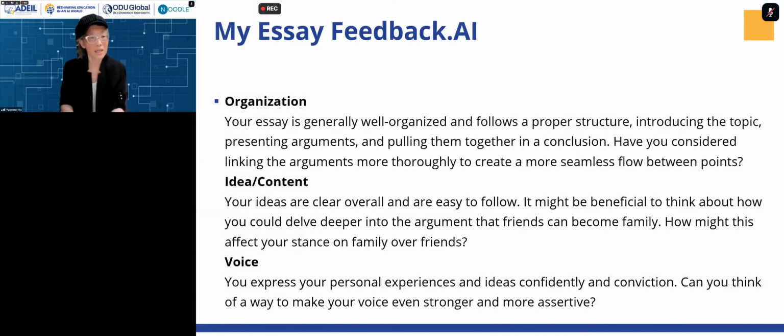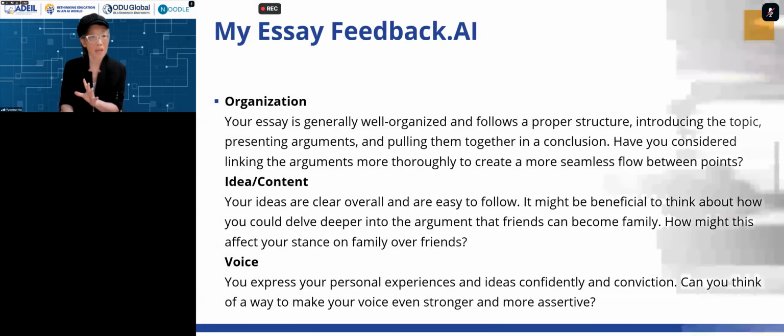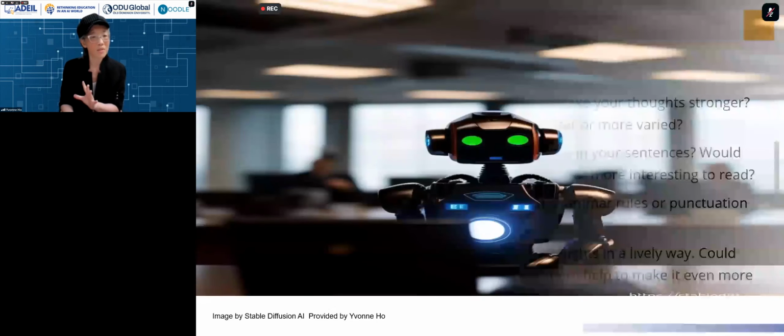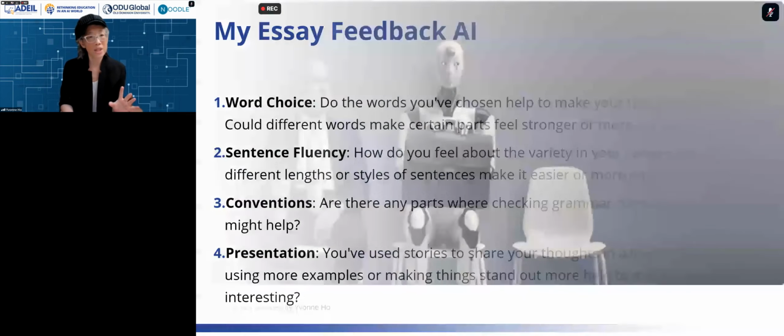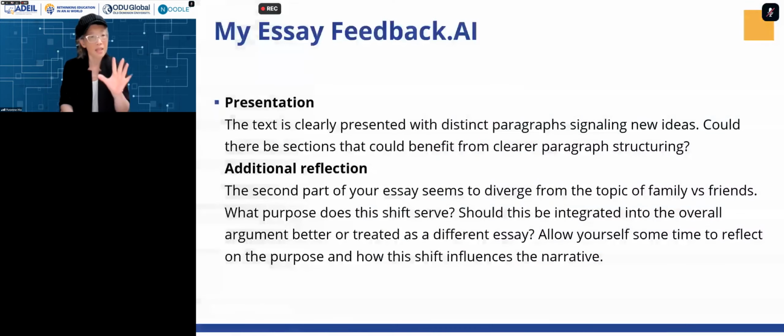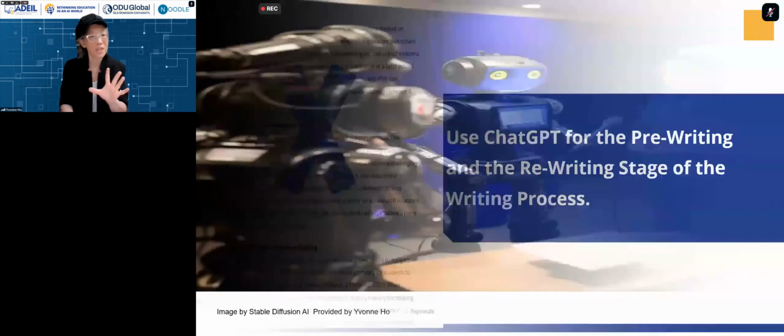He has his students upload their papers, and then the students are able to see right away in real time the feedback for their paper. And that's sort of similar to Grammarly, except Grammarly just talks about grammar. And so word choice, sentence fluency, conventions, presentation, that sort of thing. And here you have more presentation.